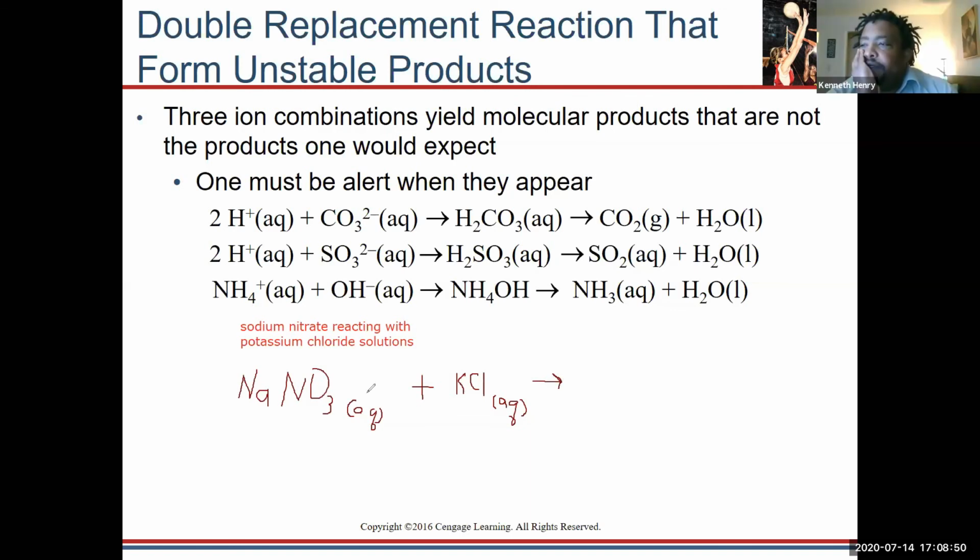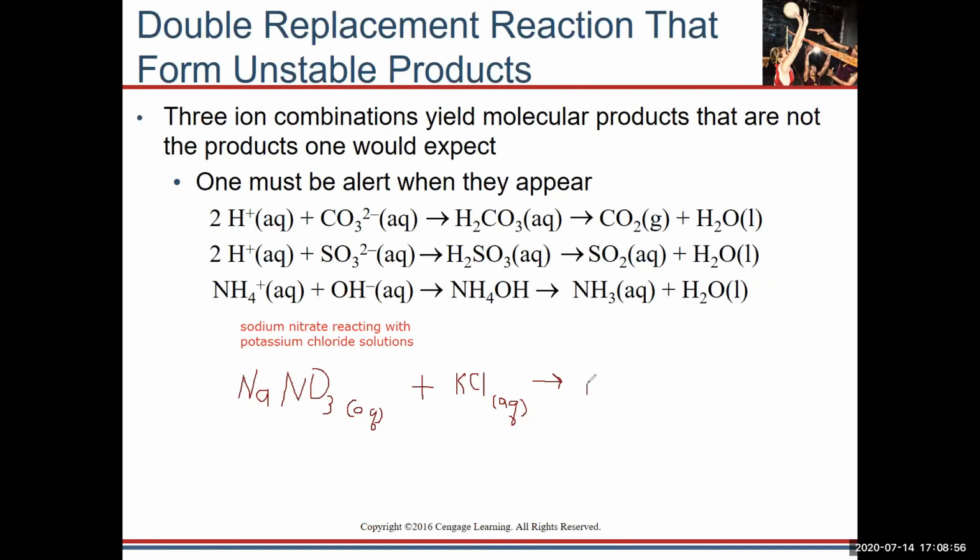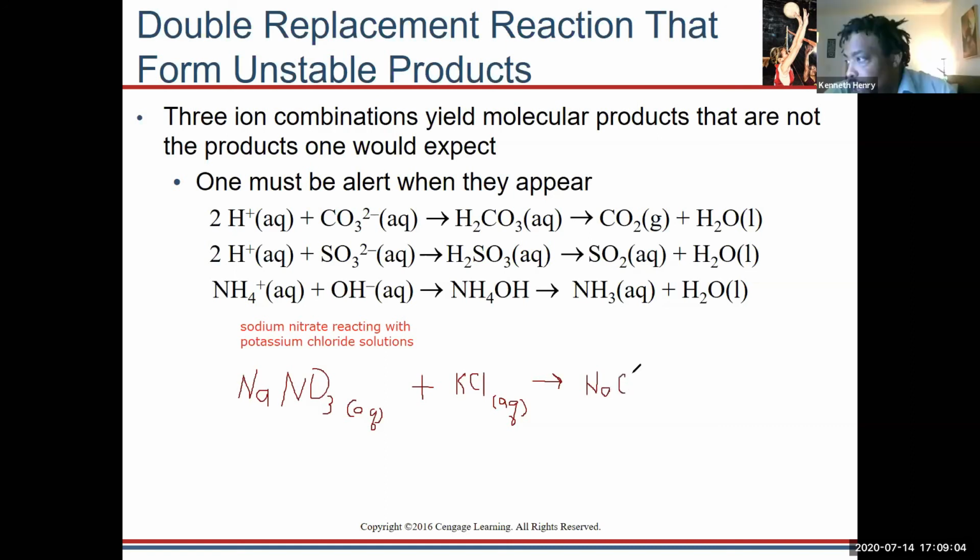So for the conventional reaction, what's going to happen? Sodium chloride. Solid, liquid, gas, or aqueous? Aqueous.